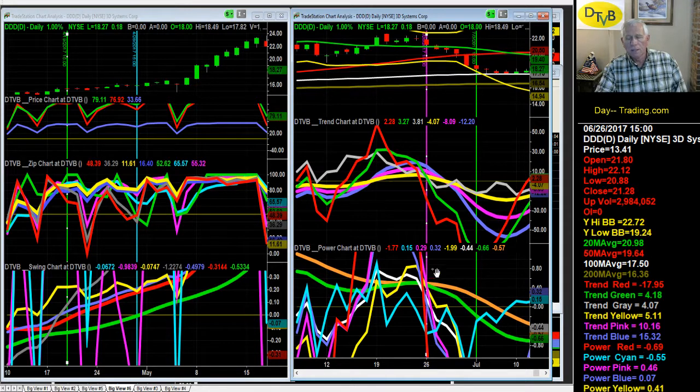They're not necessarily crossing under 0, they're crossing under the Power Orange line. Then you're going into a downtrend, and you can have a nice movement that same day as the crossover. In this case here, you can see obviously after the pink vertical line day, the downtrend was a gap down, and then it went down.